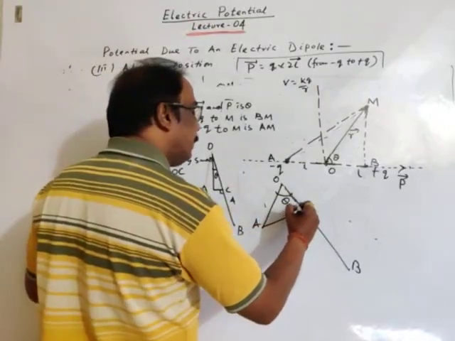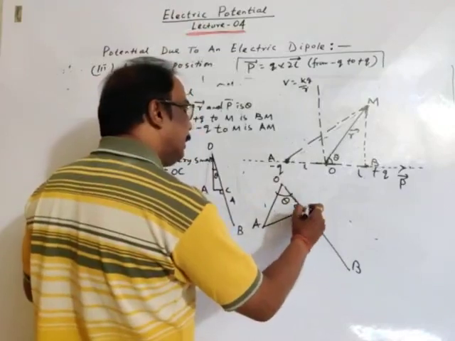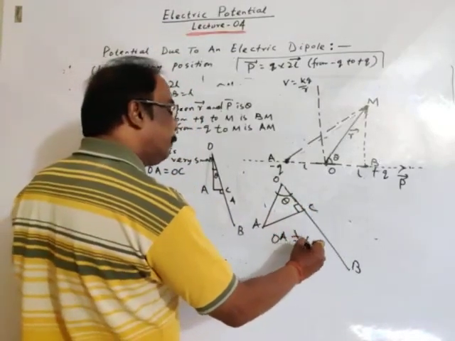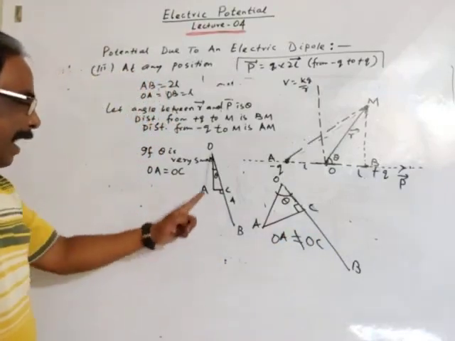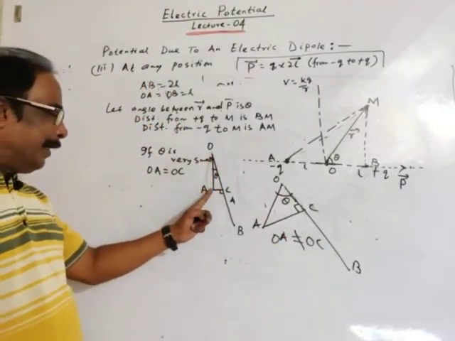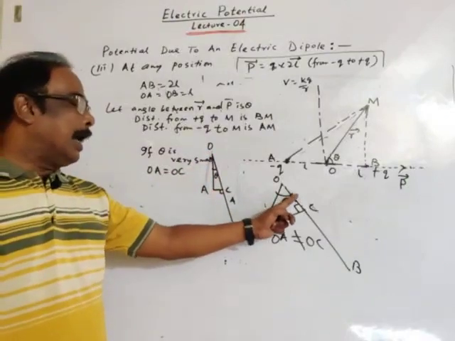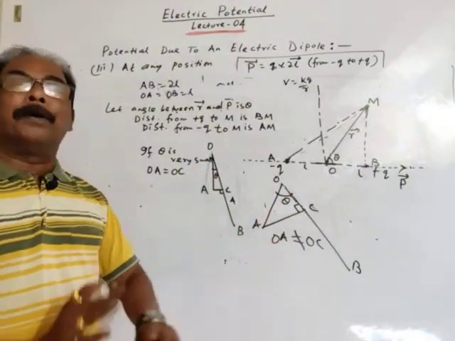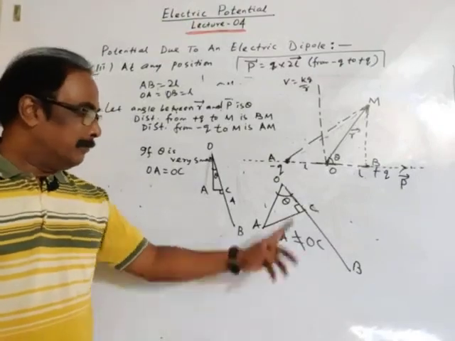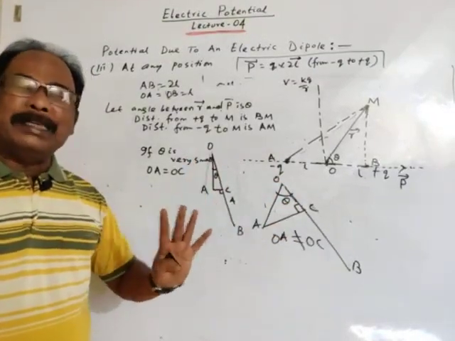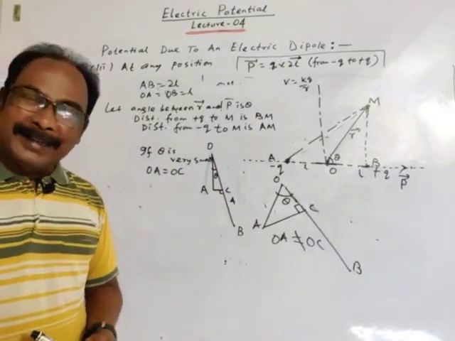Then here, OA can never be equal to OC. If the angle is very small, then OA is approximately equal to OC. If the angle is larger, then OA can never be equal to OC. OB is much longer than OC. This is our basic consideration.